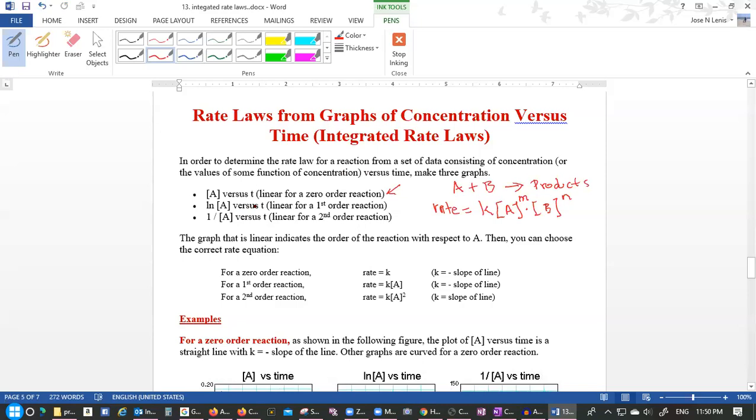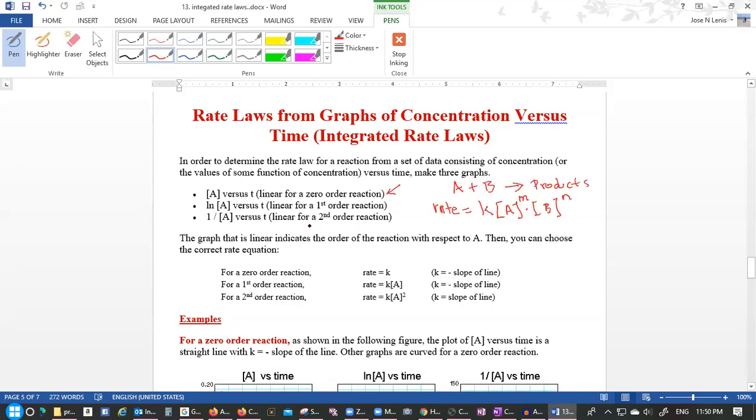And the second situation, when you graph natural log of concentration of A against time for a different reaction, you get linear for first order reaction. And in the third scenario, you graph the inverse of concentration of A, 1 over concentration of A, against time for another reaction, and it's going to be linear for a second order reaction.